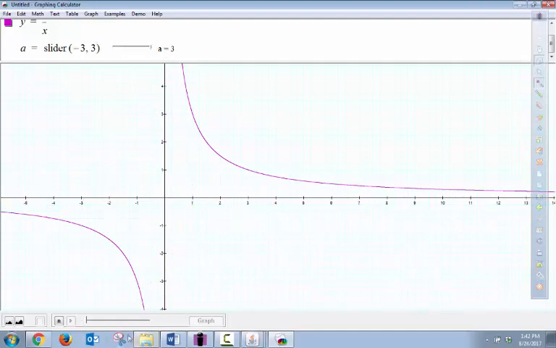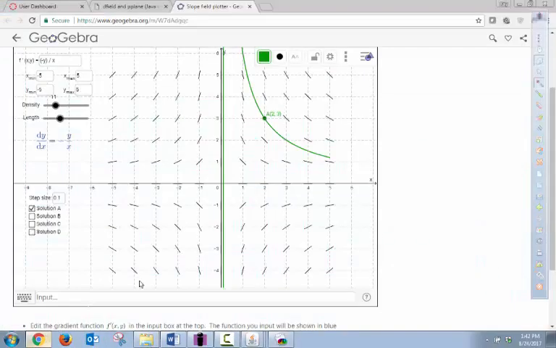And if we take a look at our solution, it kind of looks like it would fit, right? So there's a couple of important things to note here, with respect to the existence and uniqueness theorem that we saw earlier.